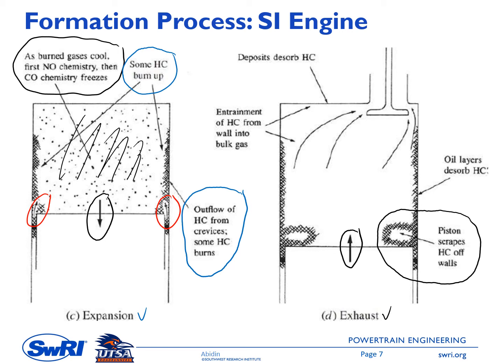And then the oil layer that absorbed hydrocarbon during compression stroke will dissolve hydrocarbon, and this will also be a source of the unburned hydrocarbon. The next one is that deposit will also dissolve hydrocarbon. So all of this hydrocarbon will exit through this exhaust system and will be the source of the unburned hydrocarbon.